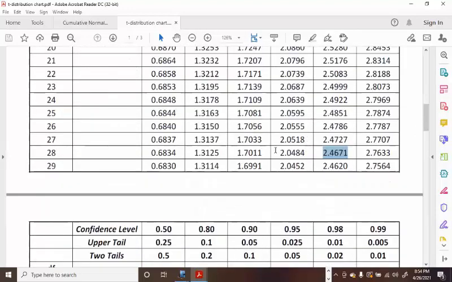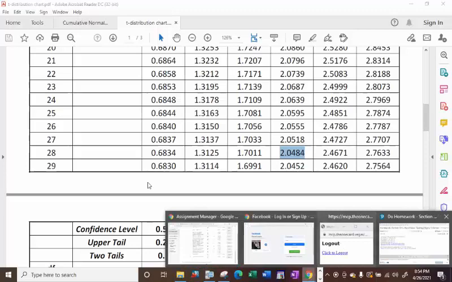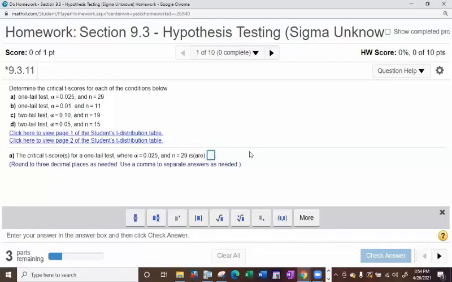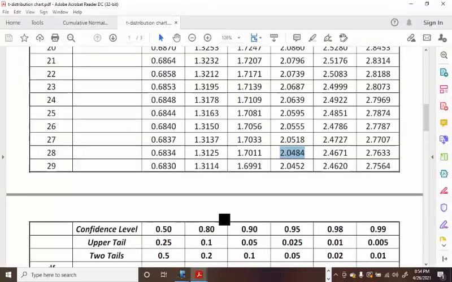Glad I went and looked. 2.048. Oh crap, it wants 3 decimal places. I already forgot the number. 2.084. 2.048. 2.048.